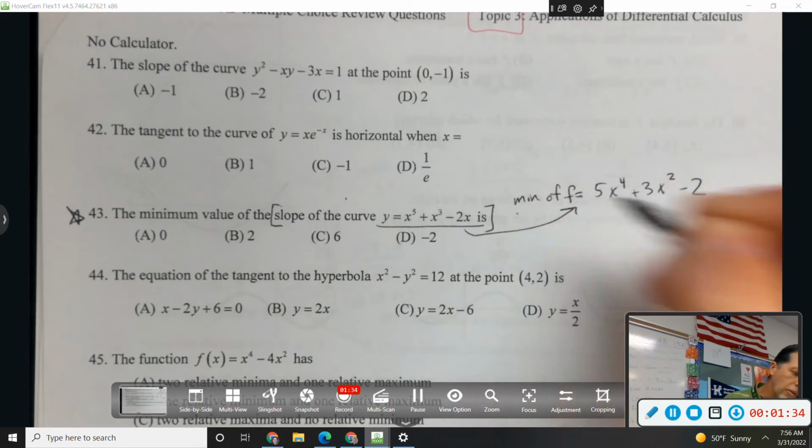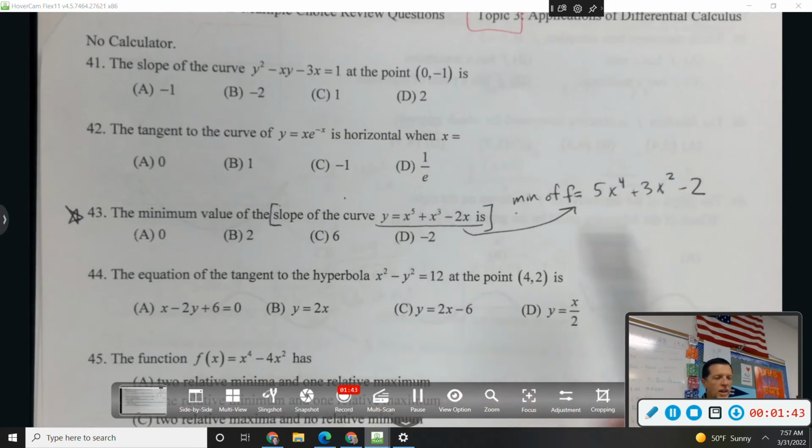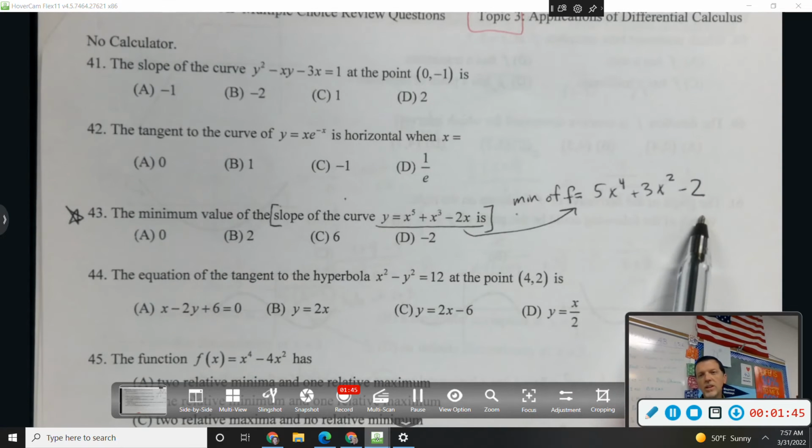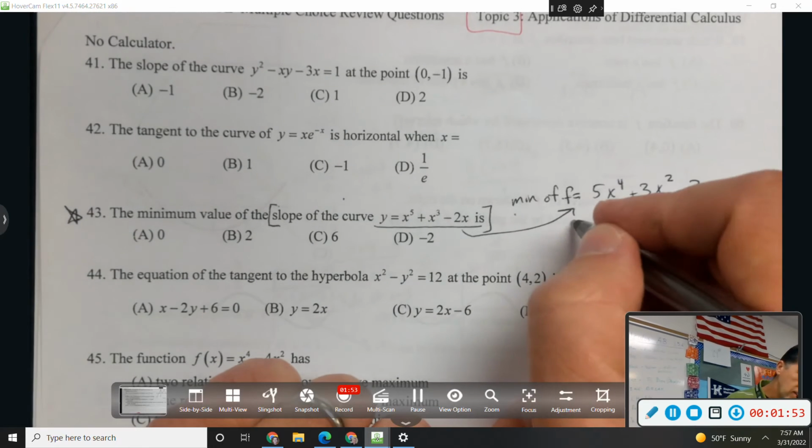I'm just going to call that f. I want the minimum of f. So now I can kind of throw away this first part and work this like a regular problem. So I need to take the derivative of f, find the critical points, and then see if they're mins or maxes.